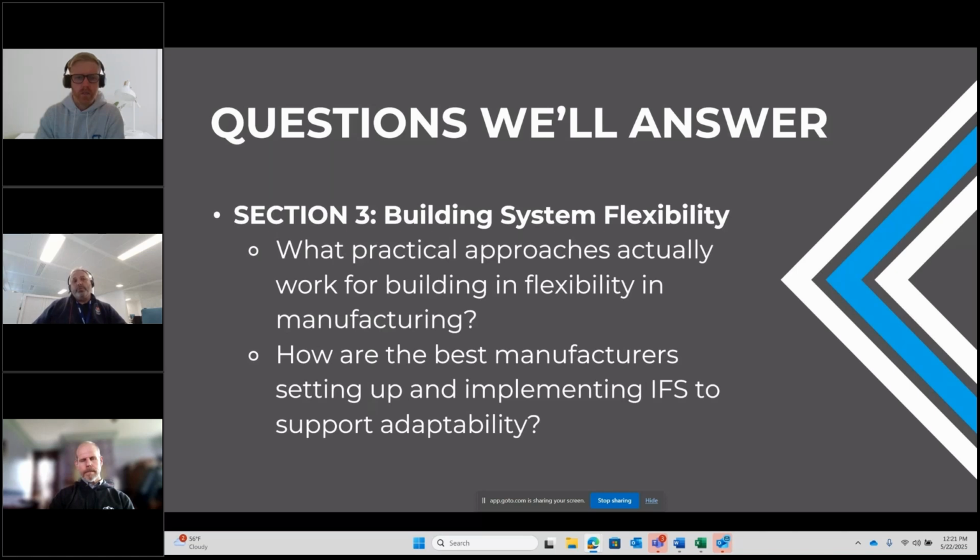I think also strong governance as well, a structure of strong governance so that there's clear ownership for the system integrity and evolution. All of these things, I believe, are key to ensuring success for manufacturing companies that want to evolve and develop their ERP and business processes and data.